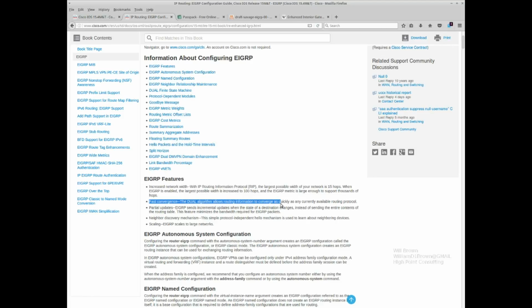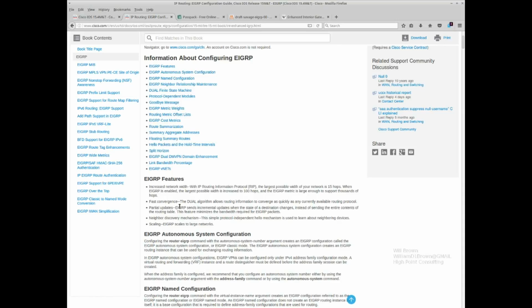That's the big piece. Another aspect is partial updates. In the beginning we use the different EIGRP messages to form the neighbor relationships and the adjacency. After that, the only data that's transmitted are changes in the network.